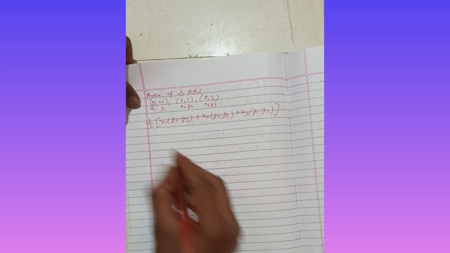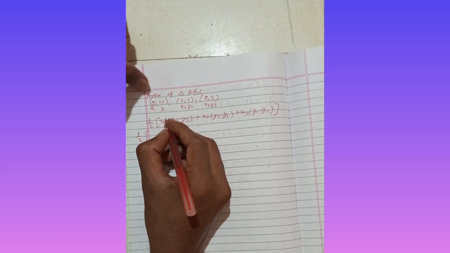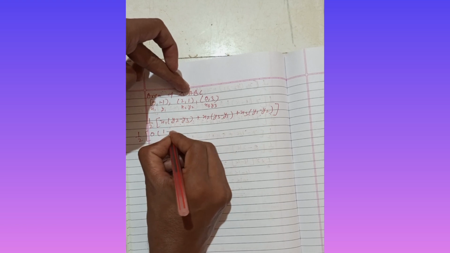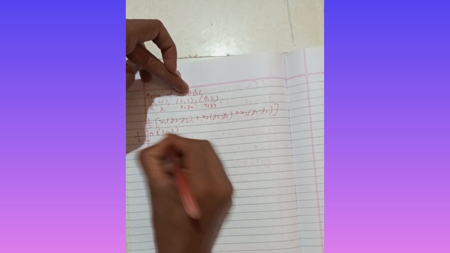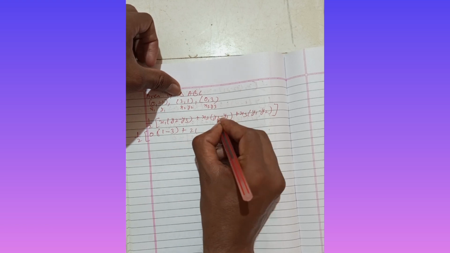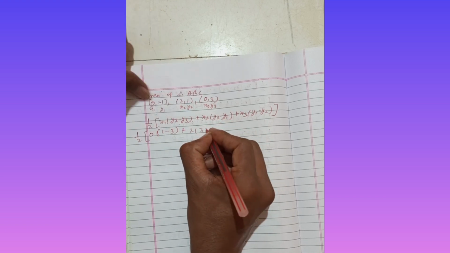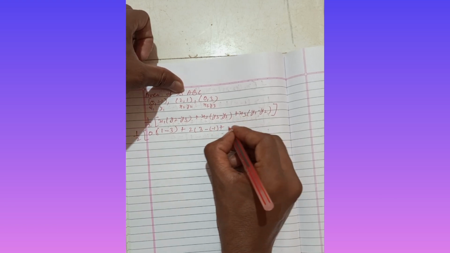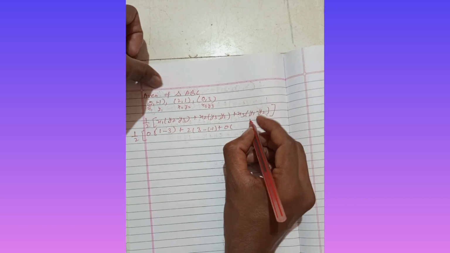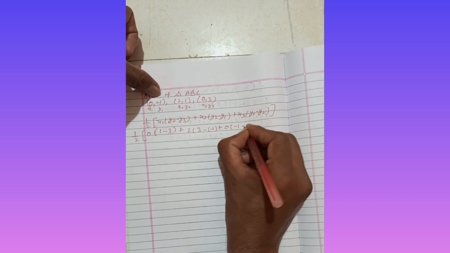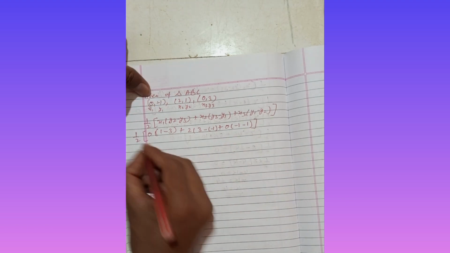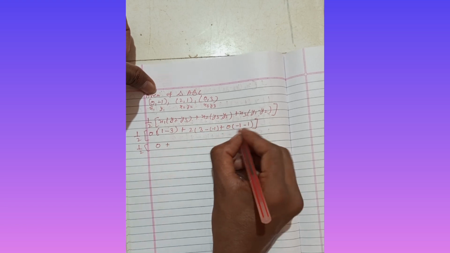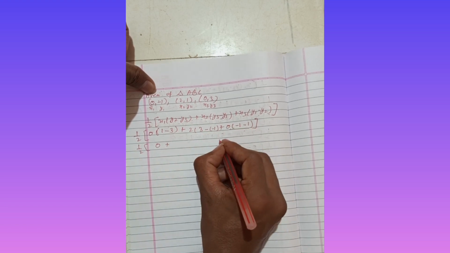So 1 by 2 into [0 into (1 minus 3) plus 2 into (3 minus minus 1) plus 0 into (minus 1 minus 1)]. Any number multiplied by 0 is 0, so this term is 0, plus 0 only.